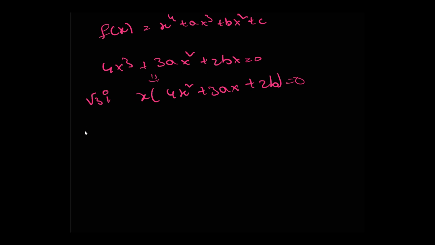Now we know that root 3i is a root of the quadratic equation 4x square plus 3ax plus 2b equals 0. We know that if one of the roots is imaginary, then the other root should be its conjugate. That means the other root of the quadratic equation will be minus root 3i.